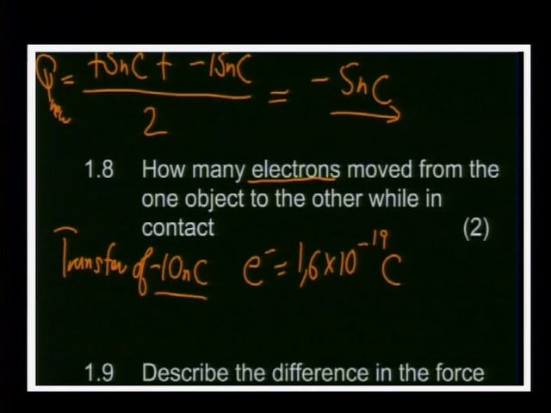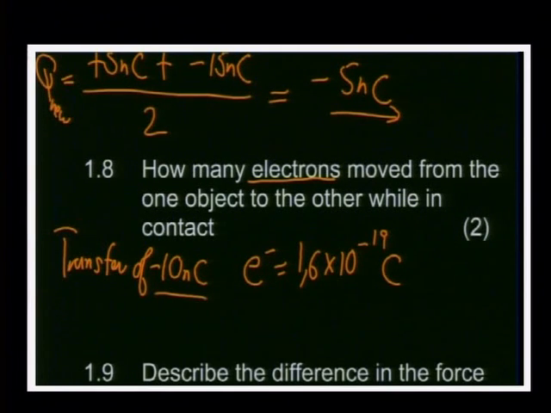So if we want to know how many electrons there are, we've got the total charge that was transferred, we've got the charge on one electron, and every charge has to be an exact multiple of that number.